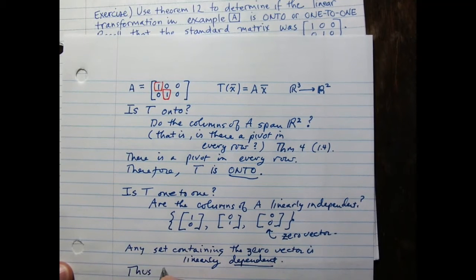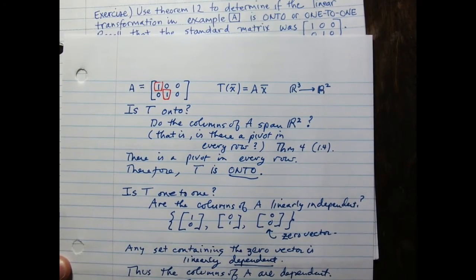Thus, the columns of A are dependent, not independent, and therefore T is not 1 to 1.